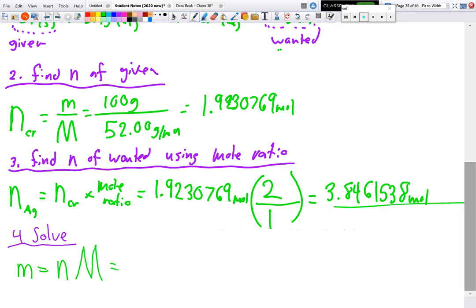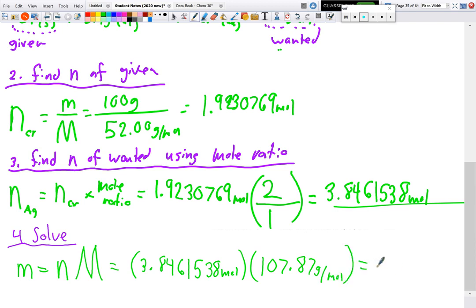So we take the 3.8461538 moles we just solved for, and multiply by the molar mass of silver, which you refer back to your periodic table, and you'll find silver is 107.87 grams per mole. When you plug that in, you get 414.88 grams, and that is equal to 415 grams if we want 3 significant digits. And that is the answer for that one.